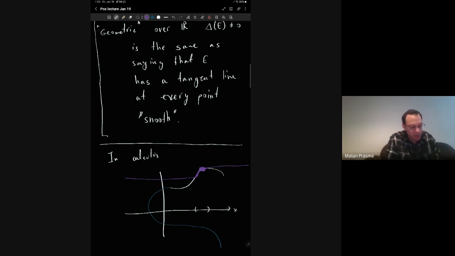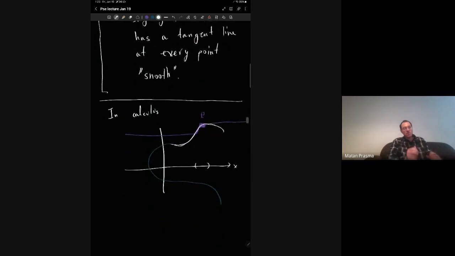I mean, the purple function will have a derivative at the point P if and only if the original curve here on the white will have a derivative at P.